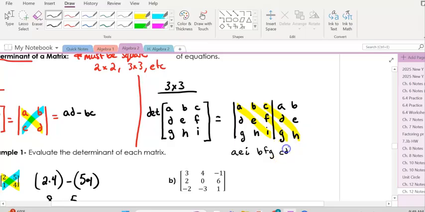I don't really have a specific name for it, but I see that a lot. Then you take those and add them together, and that creates your first number. So you're multiplying at an angle going down.